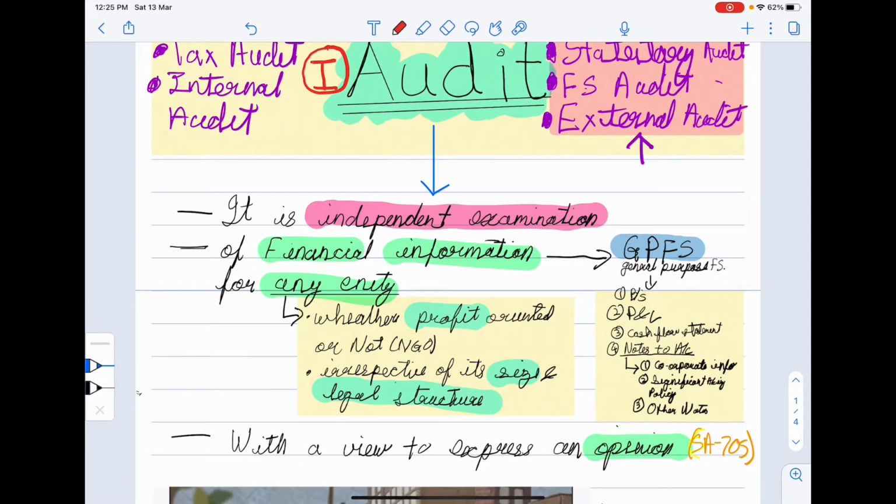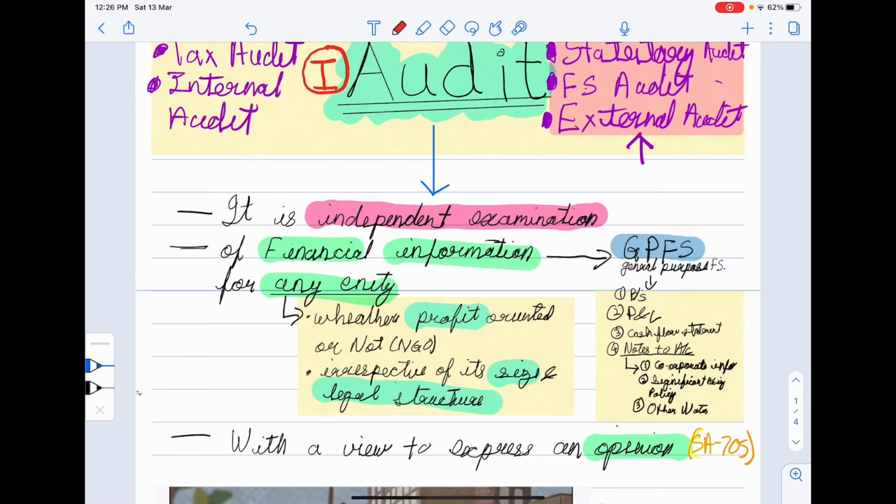Okay, so what is audit? Audit is independent examination. Independent examination of what? Of financial information, not for students, but for any entity, whether profit oriented or not, irrespective of size and legal structure, with a view to express an opinion.